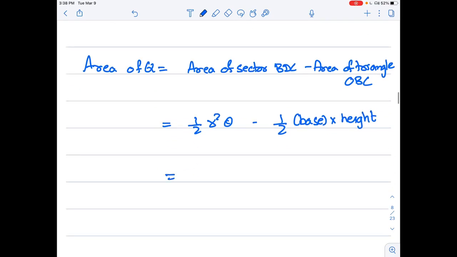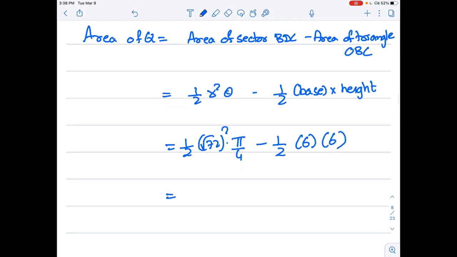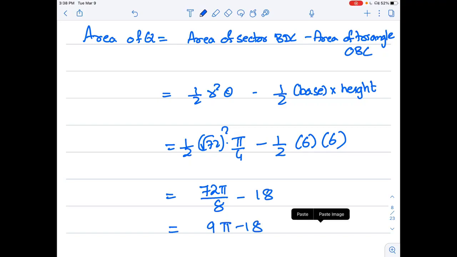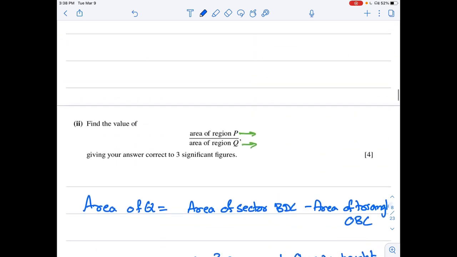So half r square, r was root 72 whole square, theta was pi by 4, minus half times base of the triangle, which was 6, height of the triangle is 6. So it becomes 72 pi by 8 minus 36 by 2, 18. So 9 pi minus 18 is going to be the area of Q.